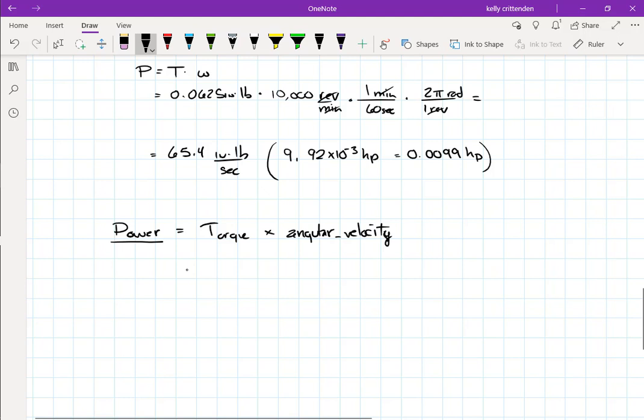In our class, we're either going to assume that power is conserved, which is not true. You're always going to lose some amount of power when you convert from one source to another. There's power in the electricity you're sending to the motor, and you'll lose some of that when you convert to mechanical work.